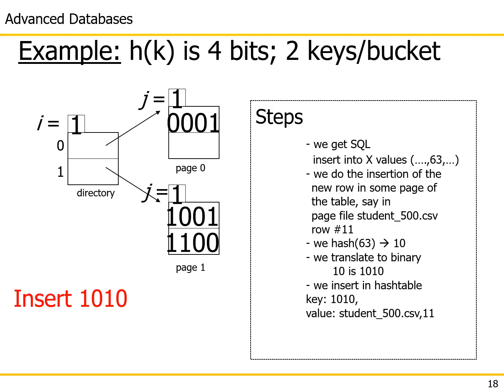What we're going to do is translate it to binary. The number 10 in decimal translated to binary is 1010. This is actually what we work with when we do the insertion in the extensible hash table, the binary equivalent. What we will ultimately insert is the key being 1010 and the value being where that row is, which is the file name or the page address, comma, which row in that page.